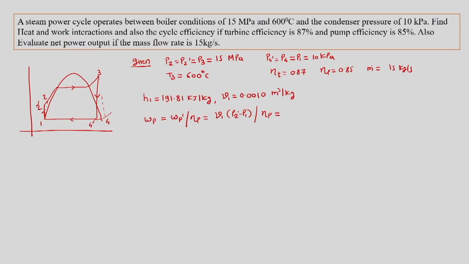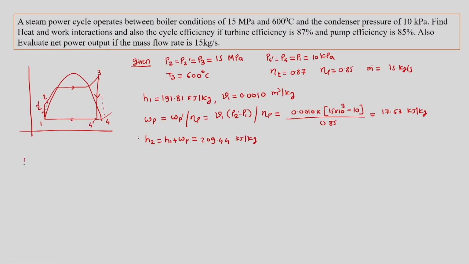So we get pump work from here 0.001 into 15 into 10 to the power 3 kilopascal minus 10 divided by 0.85, and we get pump work as 17.63 kilojoule per kg. So we can get H2 from here as H1 plus pump work, and it is 209.44 kilojoule per kg.